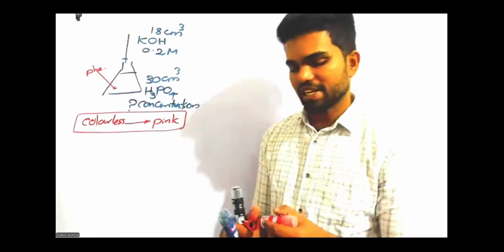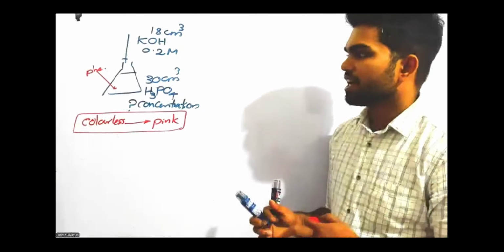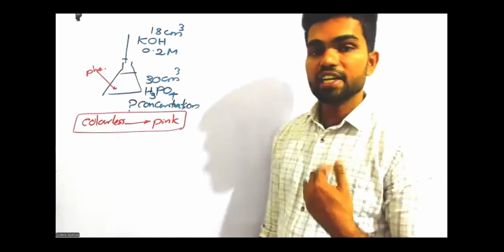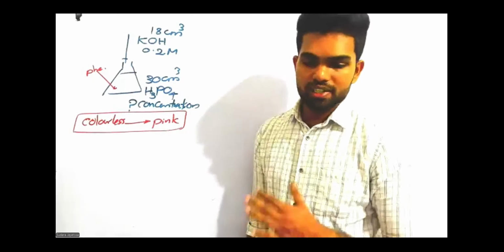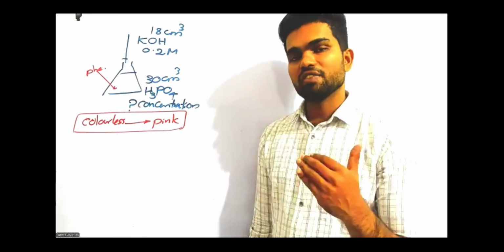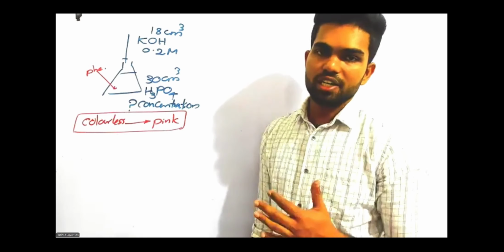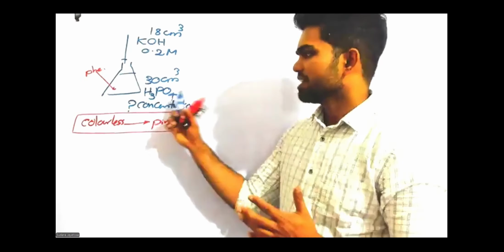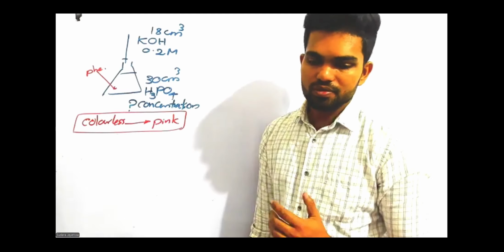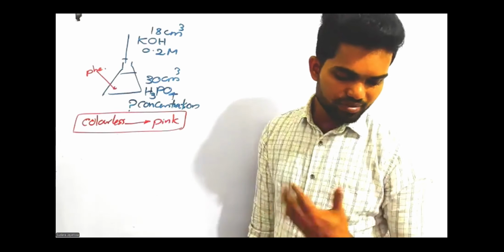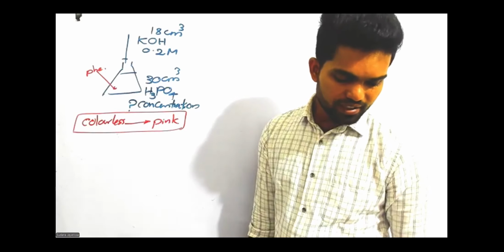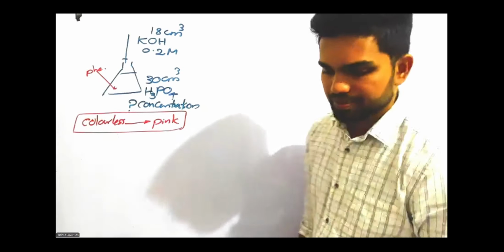Right now, just understand that endpoint means where the color change occurs. The color change occurs after adding 18 cubic centimeters of potassium hydroxide, so we need 18 cubic centimeters to fully react with the 30 cubic centimeters of H3PO4. They're asking for the concentration of this solution.